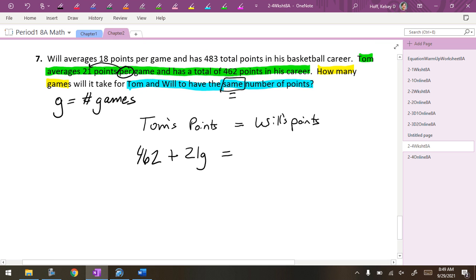So you guys right now take a second and write down what Will's side should look like on your own without saying it out loud. Will averages 18 points per game and has 483 total points in his career. Look what we did with Tom's and set it up the same way using Will's numbers.